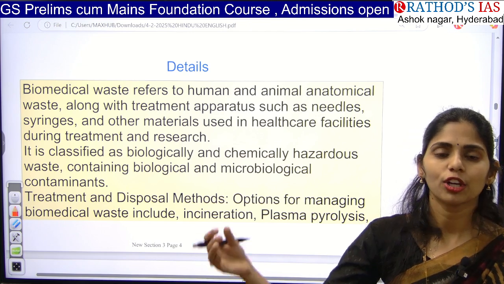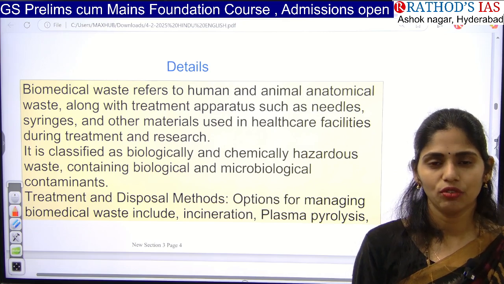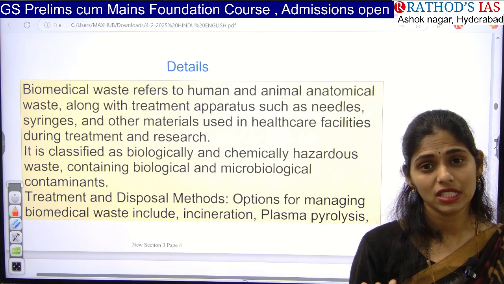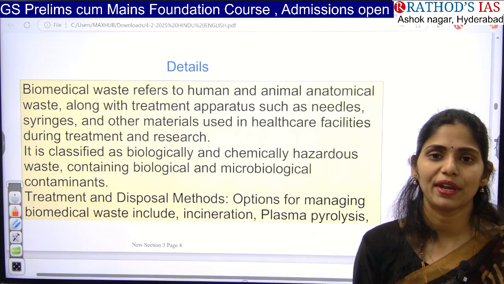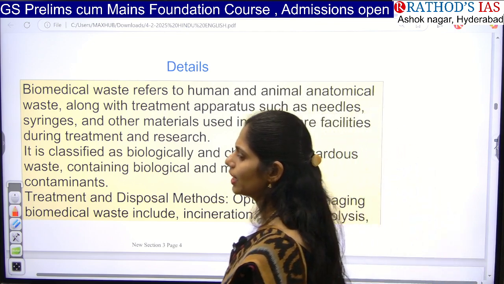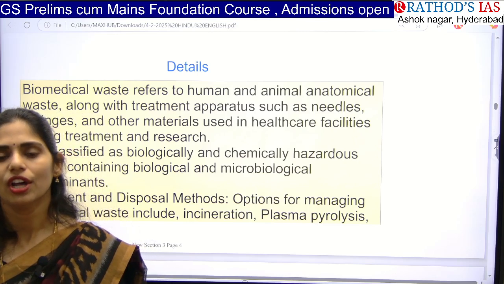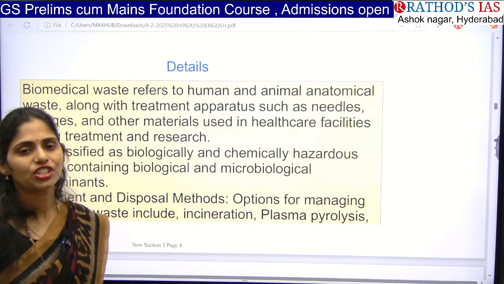For example, the umbilical cord which is very long, the water present inside the womb, and the placenta and other things they remove, that is called biomedical waste. And not only that, whenever any surgeries are done, if they remove any body part, that is biomedical waste. Or the needles they use for stitches, for giving injections, water syringes.